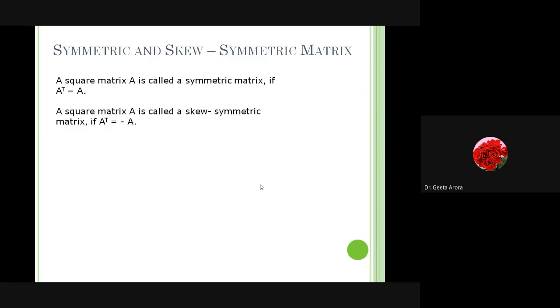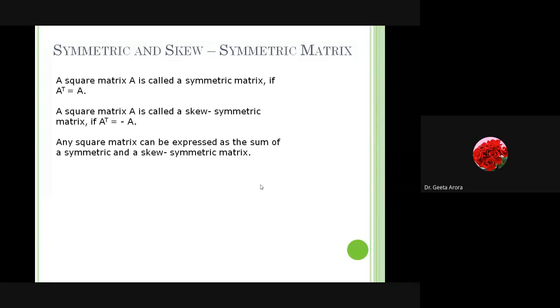Otherwise, it is not. And if A is equal to minus A transpose, then it is a skew symmetric matrix.